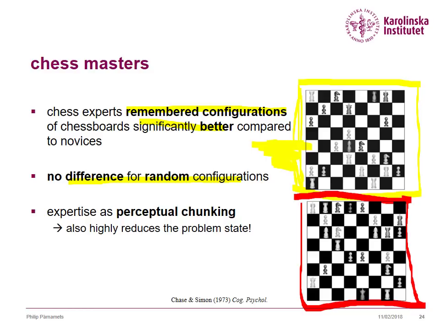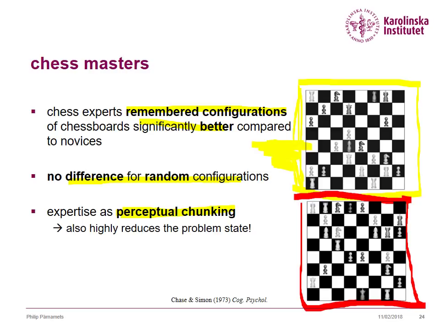And Chase and Simon dubbed this perceptual chunking. So the idea is that chess experts don't have a higher memory capacity than average people, but they're better at chunking pieces of information into meaningful wholes. In other words, they're better at compressing the information in a way that allows them to remember far more details when unpacking that information later.